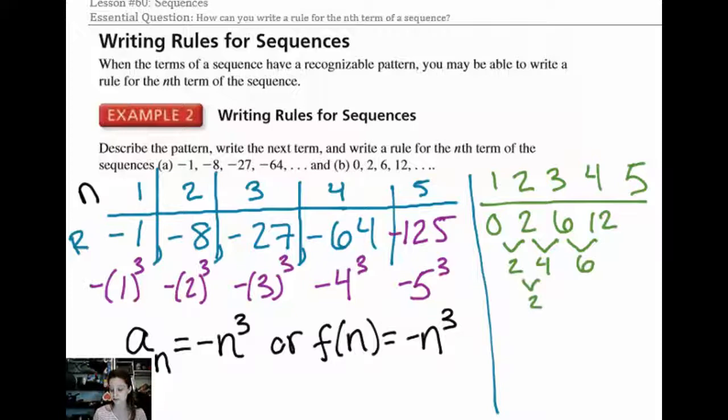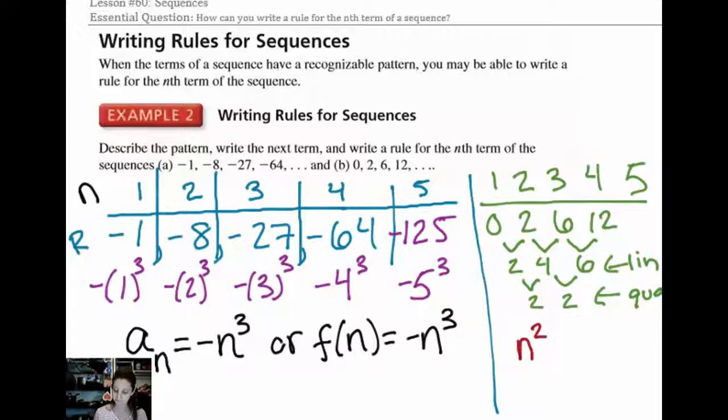Let me look at the second difference. The difference of those differences is common. So this means it's a linear if those are common. The second difference being common means it's a quadratic. So my rule must have like n squared. So let me see.